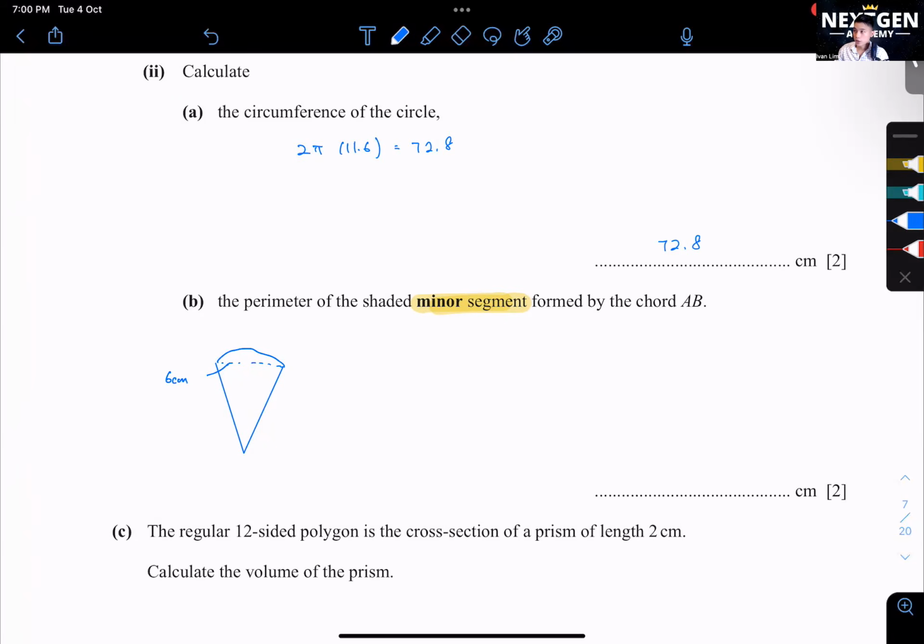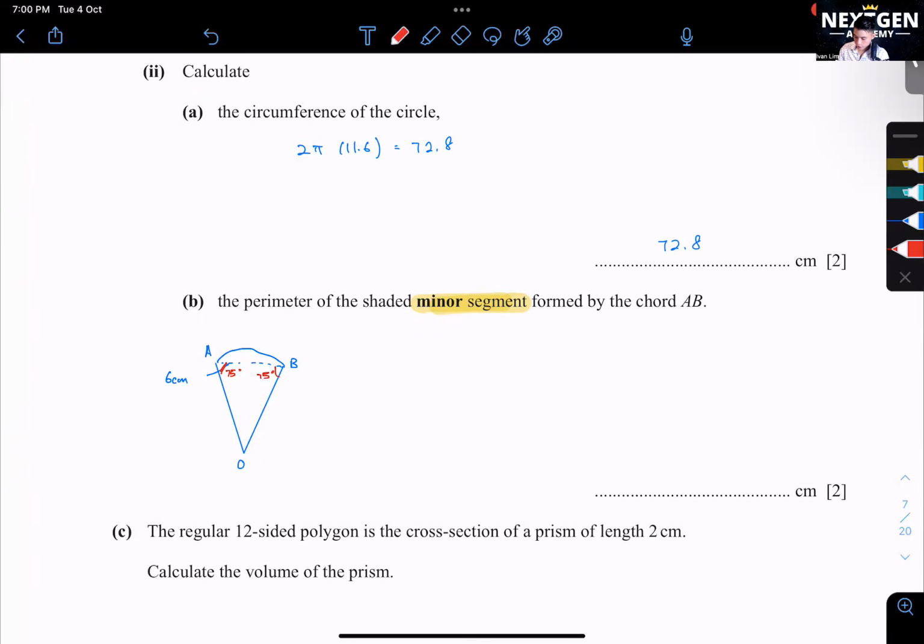Then, what do I know some more? I want to find this angle AOB. Okay, AOB is here, right? Just now I found here is 75 degrees, right? So here also will be 75 degrees.